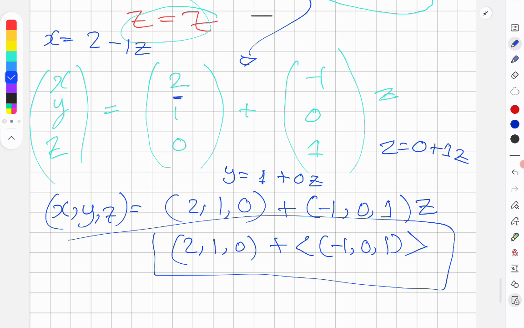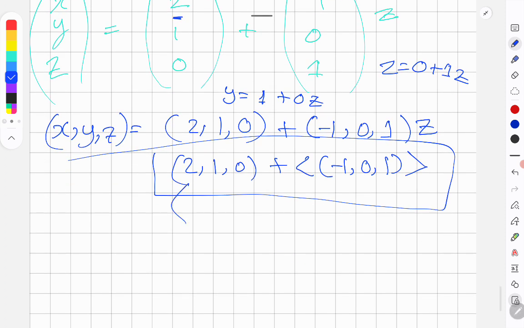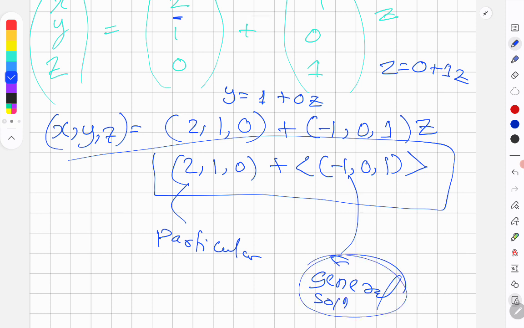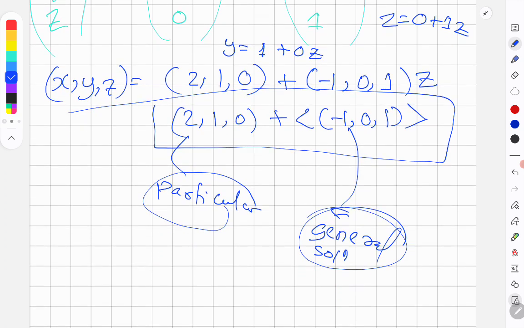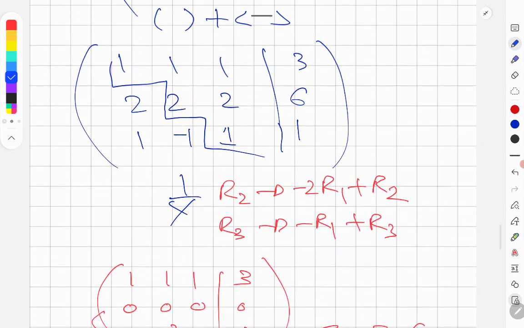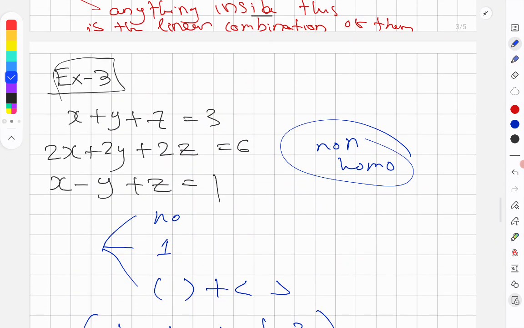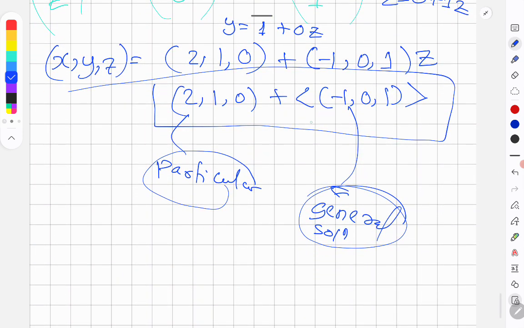And now, as you know, there is a free variable here, so I can write it as a span of the vector. So I just rewrite this one and this. Okay, so we got this one, our particular solution, and this one as general solution. Also, if you want to solve only the homogeneous part, if you make this one 0, this one 0, this one 0, you will only get this part.